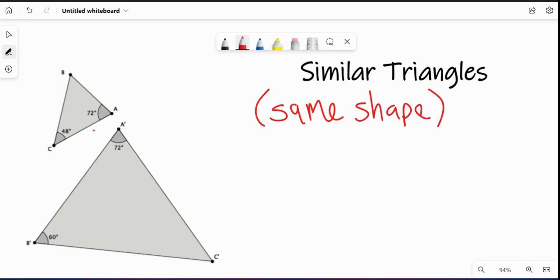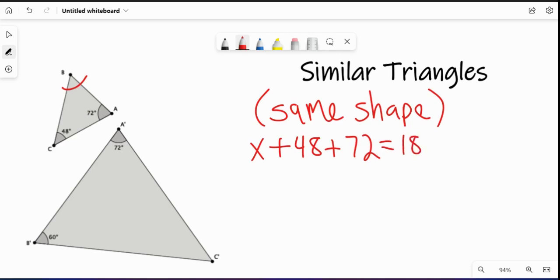So we know that there are 180 degrees in a triangle, okay? So if we know that there's 180 degrees in a triangle, we can find this missing angle here by figuring out this equation, right? X plus 48 plus 72 equals 180.